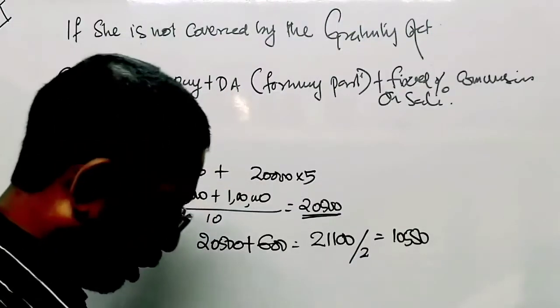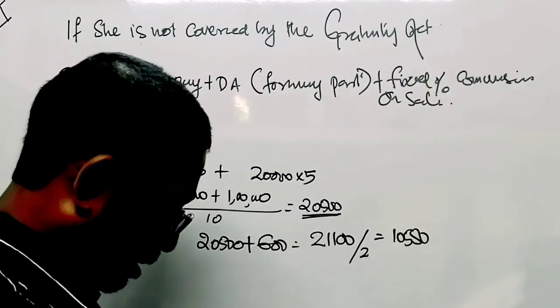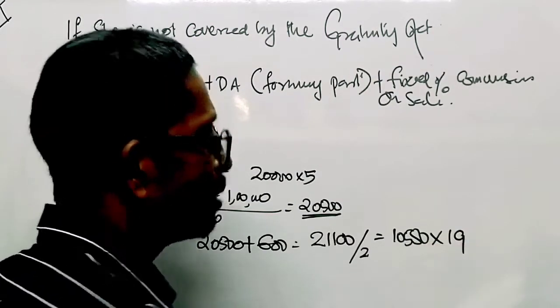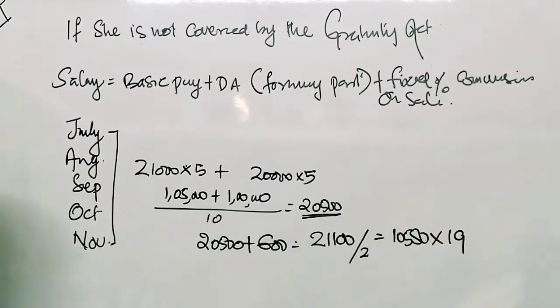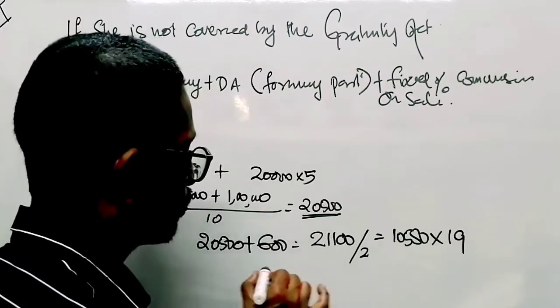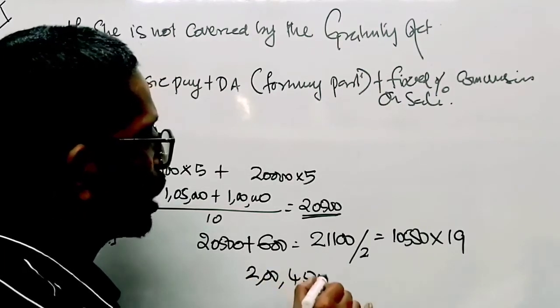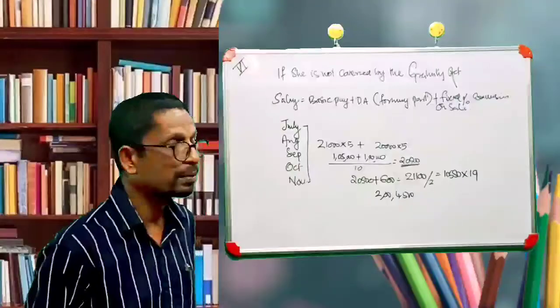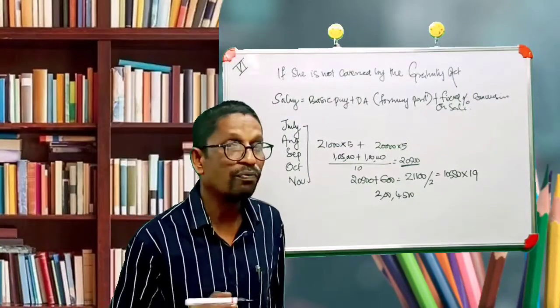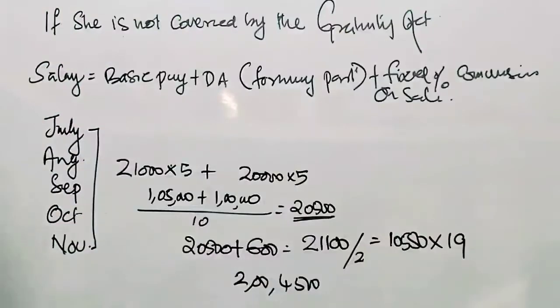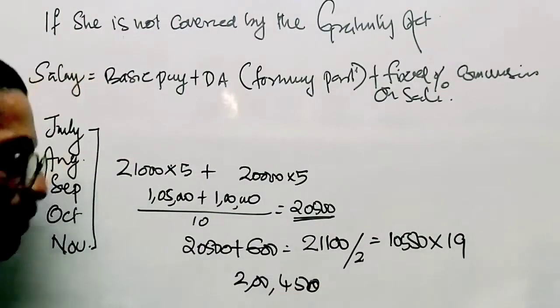Therefore, as per the first condition, her amount is equal to 10,550 into 19. That is how much now? That is 2,00,450. So as per the first condition, half month salary for each complete year of service, that is 2,00,450.